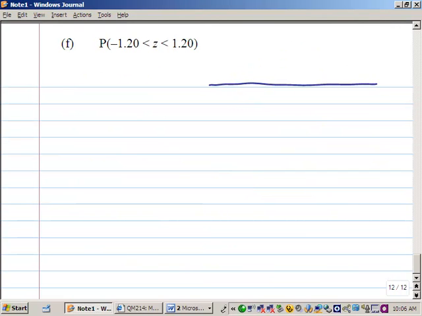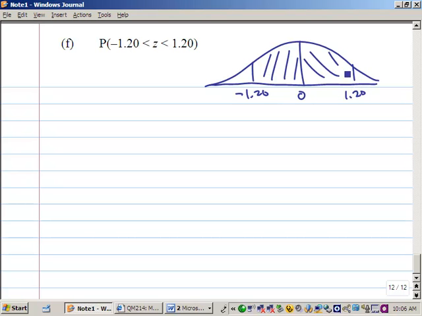Part F, probability of getting from negative 1.20 to positive 1.20. So we have two areas separated by the 0 point. These two areas we'll find directly from our tables, and we'll add them, but they're both the same, so all we have to do is get one of them and multiply by 2.